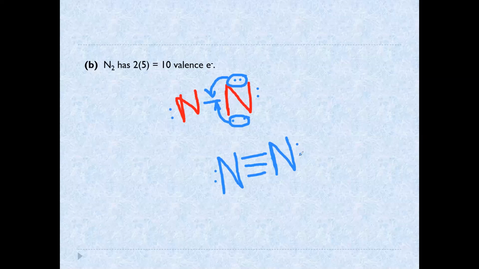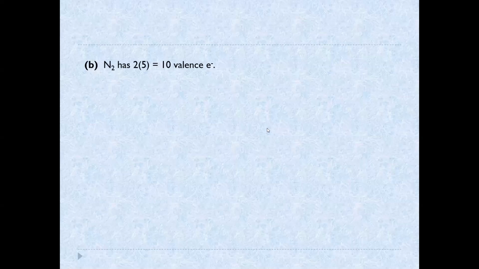When you count, you have 1 to 8 for each. That is how we get double bonds in our Lewis structure. The double bond is usually a result of the octet not being satisfied, so we migrate the pairs here.